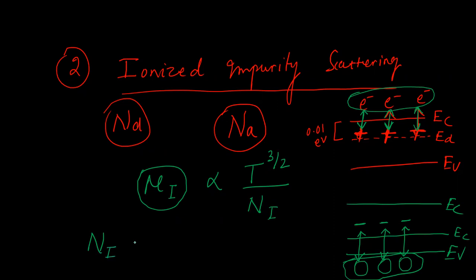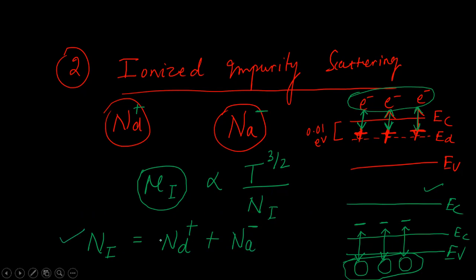If you are doping Nd, you get Nd plus impurities, and if your doping concentration is Na, you get Na minus impurities. So the total is Nd plus plus Na minus. This is your Ni value.